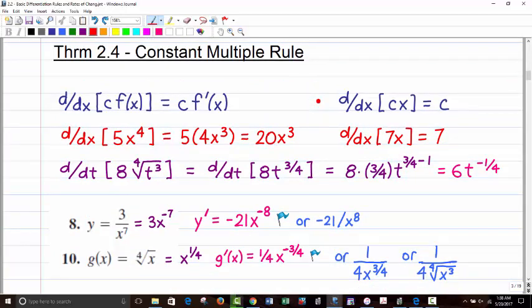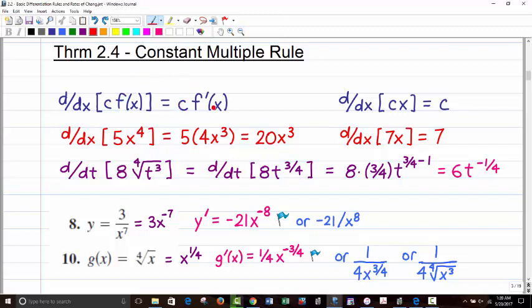The constant multiple rule says that if you have a constant multiplied times your function, the constant just stays there. We already saw a few minutes ago that the derivative of a constant by itself with no variable is 0. But if it's multiplied by your function, it stays multiplied to the derivative.